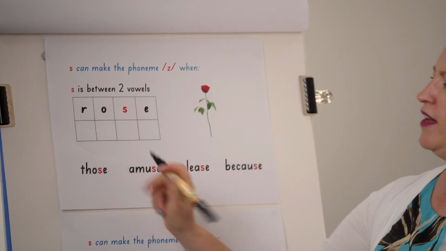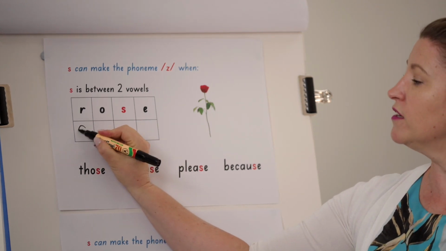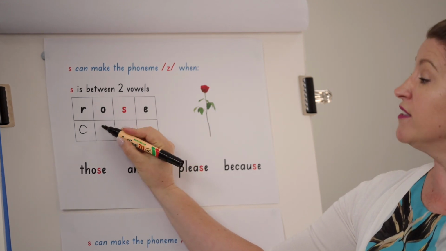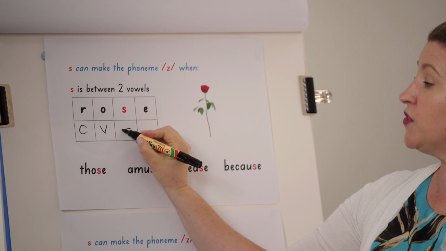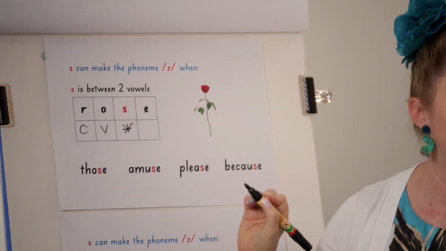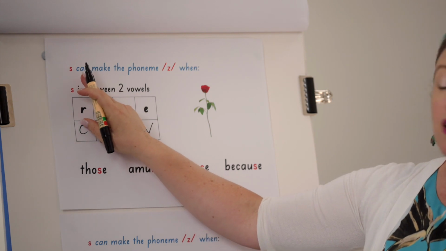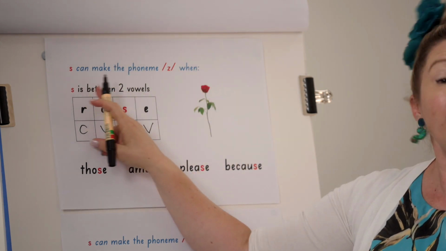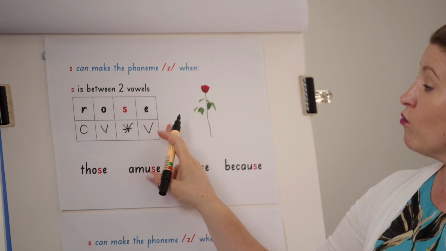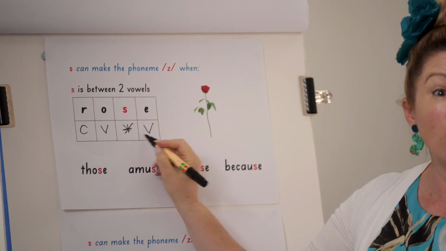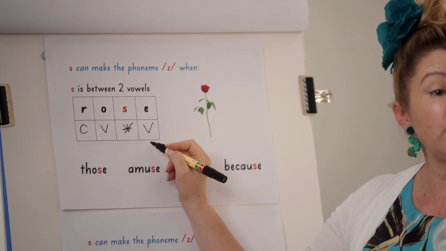That's what they're for. So R is a consonant. O sound in here is a vowel. There's the S. We'll put a star there because that's the one we're checking. And another vowel. So S can make the phoneme Z when it's between two vowels, like in rose. Can we see here that it's between two vowels and it's making the Z sound?